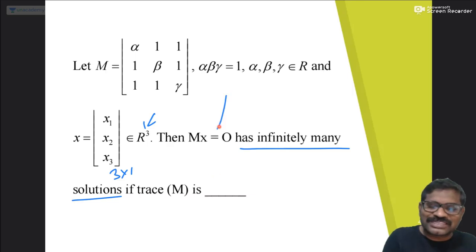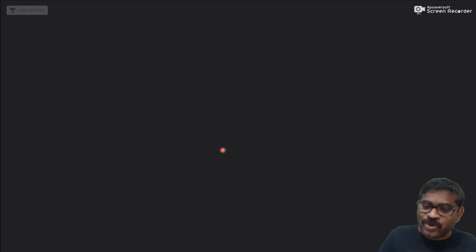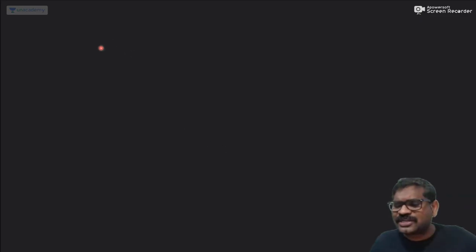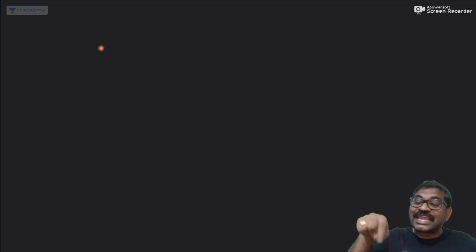He has mentioned Mx equal to 0. If it is homogeneous, infinitely many solutions means non-zero solutions, non-trivial solutions. Non-trivial solutions means that determinant of A equal to 0.